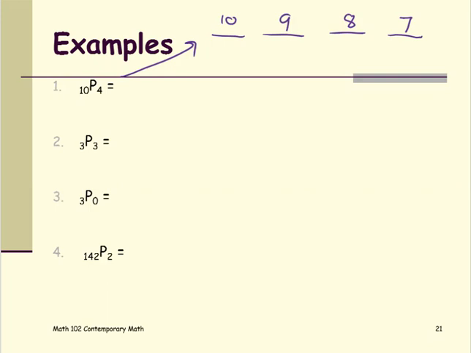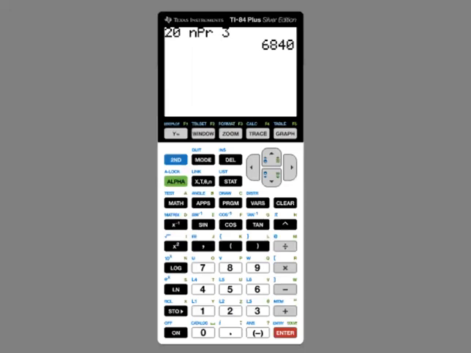So using the calculator, I'm going to clear this. From the first example, 10 multiplied by 9 multiplied by 8 multiplied by 7, we get 5040.